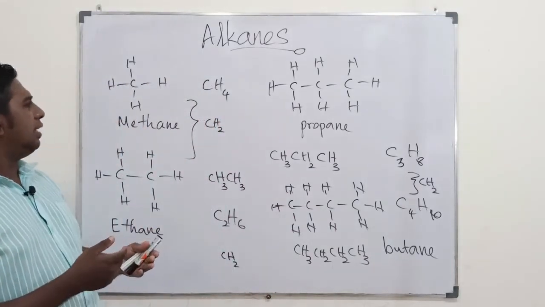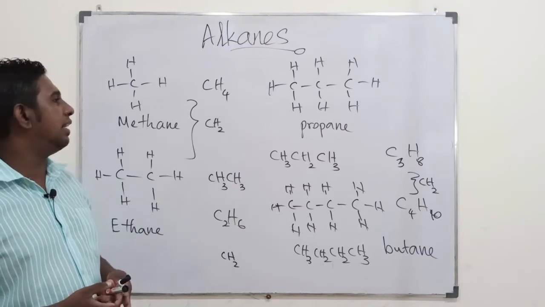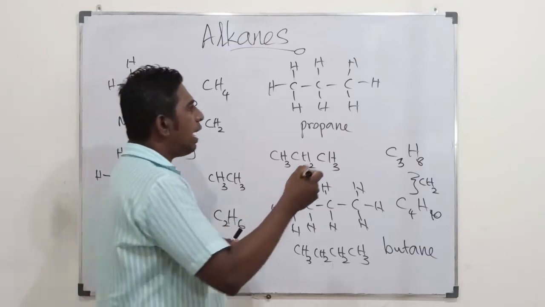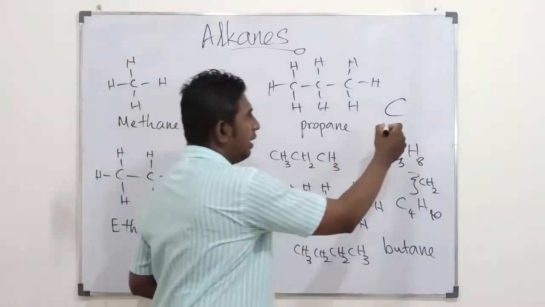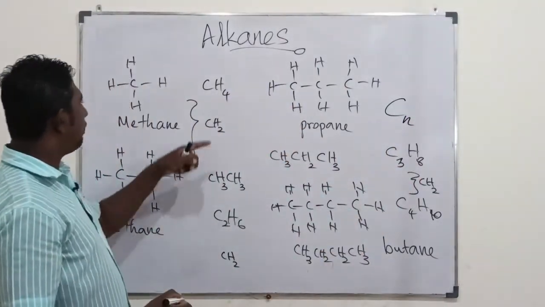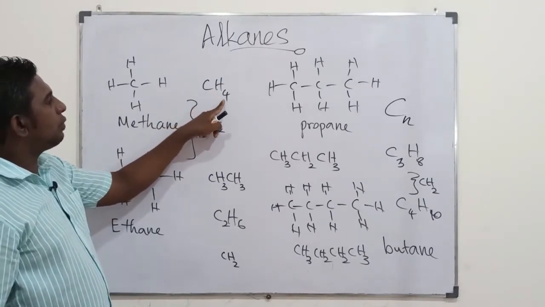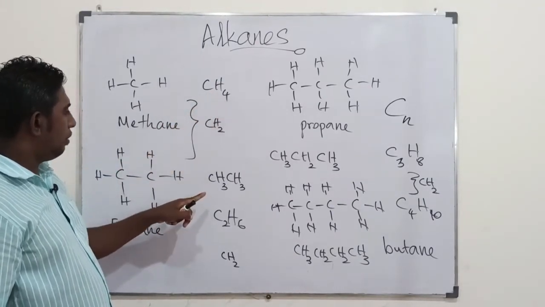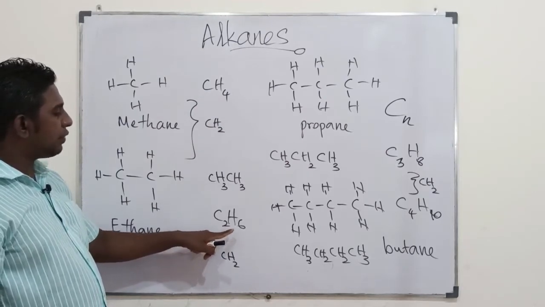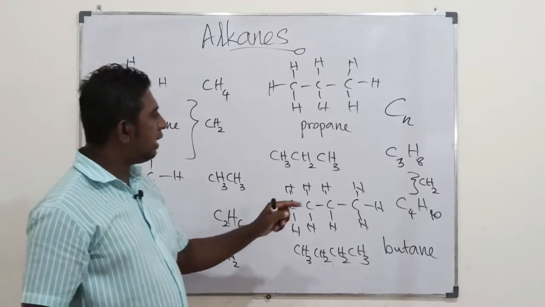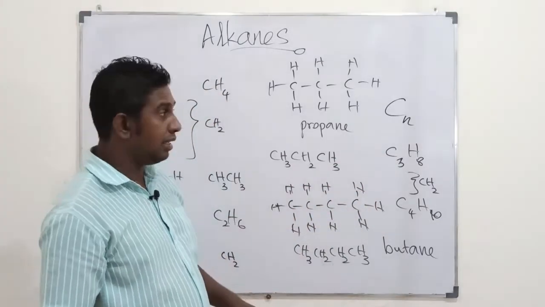Then further, the general molecular formula of alkanes can be given as follows. When the number of carbons is N, if N equals 1, 1 into 2 plus 2 is 4. When N equals 2, 2 into 2 is 4, plus 2 is 6. When N equals 3, 3 into 2 is 6, plus 2 is 8.